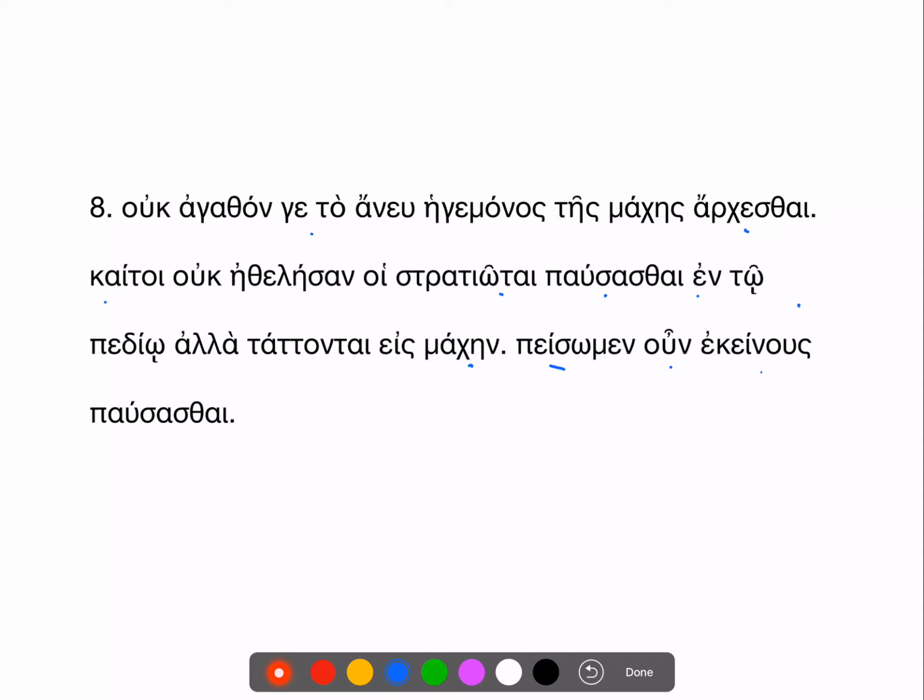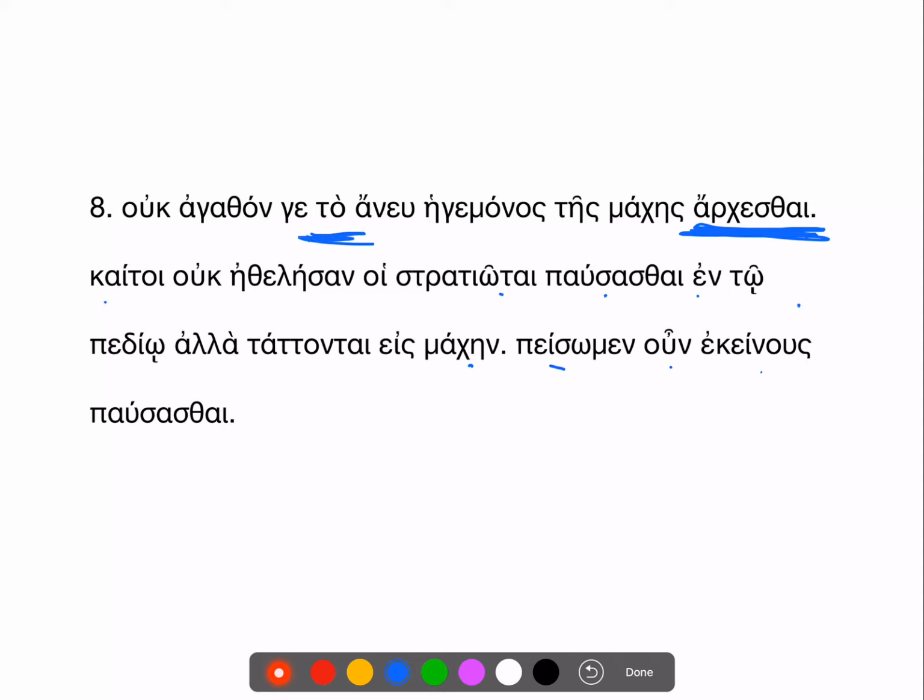Well, this first one, look at this, to archesthai. That is the articular infinitive. Okay? Let's see. And this is from archo. Remember, that's the present middle infinitive. And remember that the middle of archo can mean to begin, and it takes a genitive.